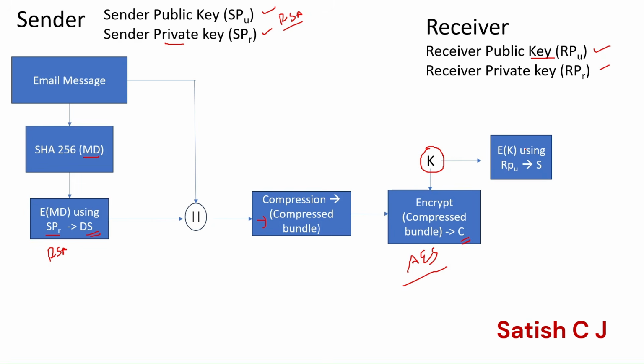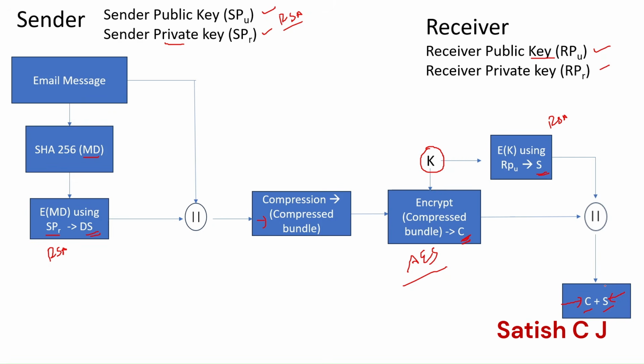This is again RSA encryption, asymmetric key encryption, and we get S. So we encrypt the key using the receiver's public key, and we send the compressed bundle's cipher C, the encrypted version of the compressed bundle, along with S, the encrypted version of the key, to the receiver. So this is what is happening from the sender's side.